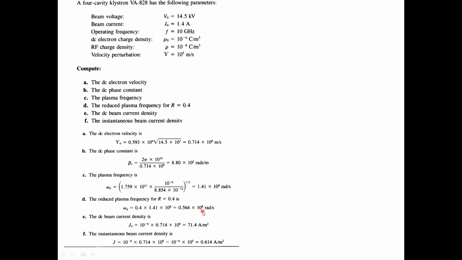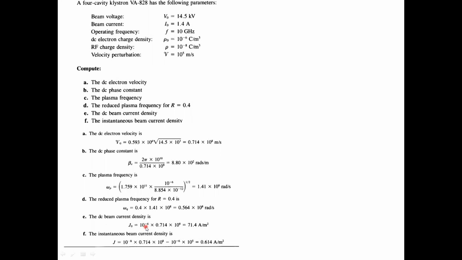Next part, DC beam current density. Simple: the DC electron charge density multiplied by the velocity gives you the beam current density.